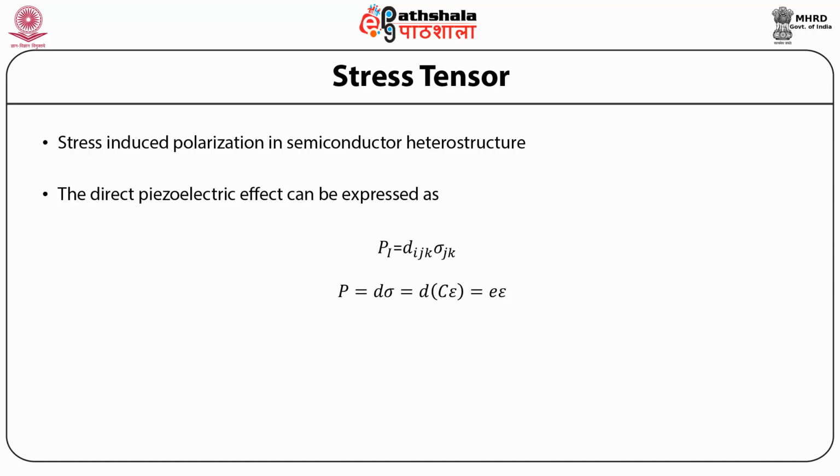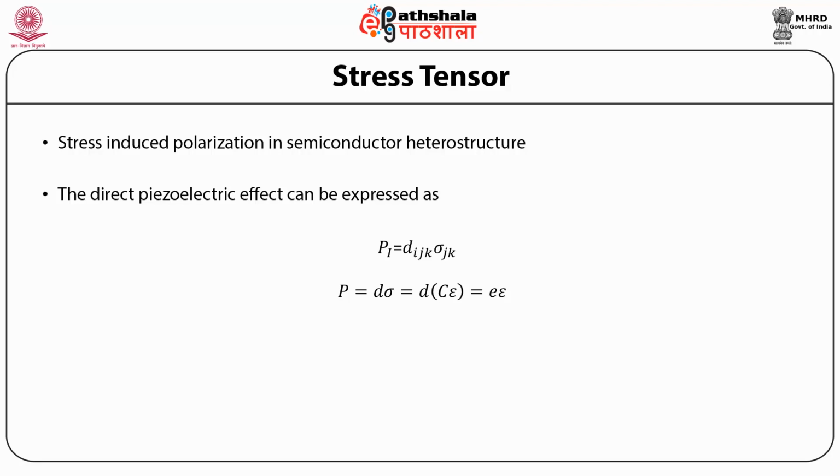So the above equation implies that each component of P depends upon all the components of sigma. So Pi given by this equation can be expanded by varying ijk from 1 to 3 and summing all those combinations. Similar equations can be written for P2 and P3.